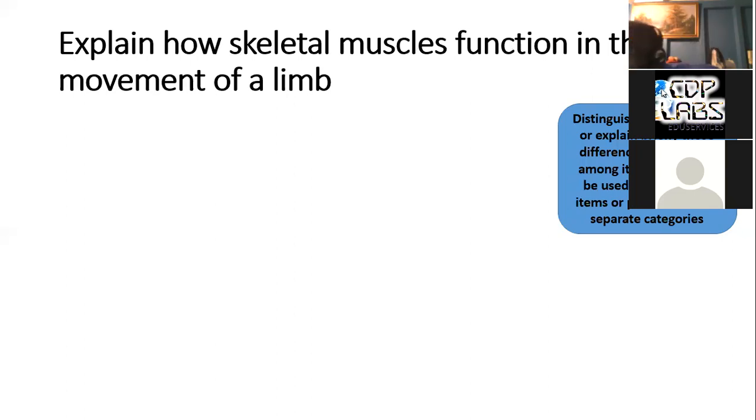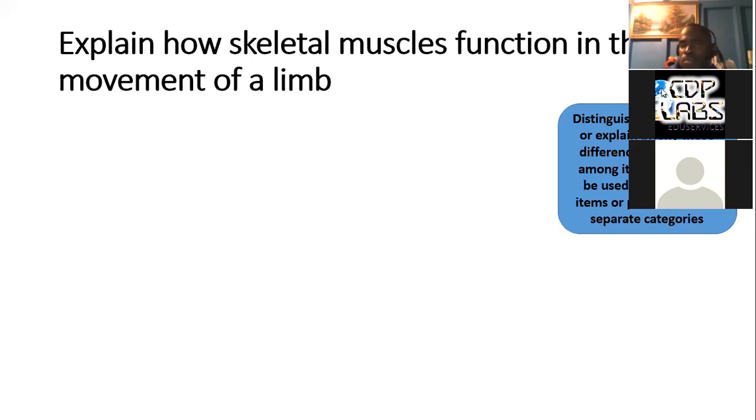What one word comes to mind? Anybody? It moves. How does it move? The skeletal muscle helps the movement of the limb.